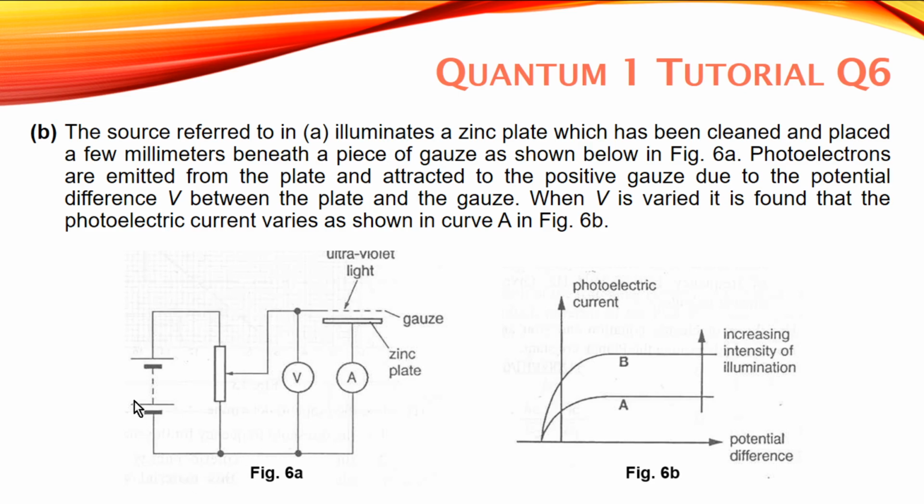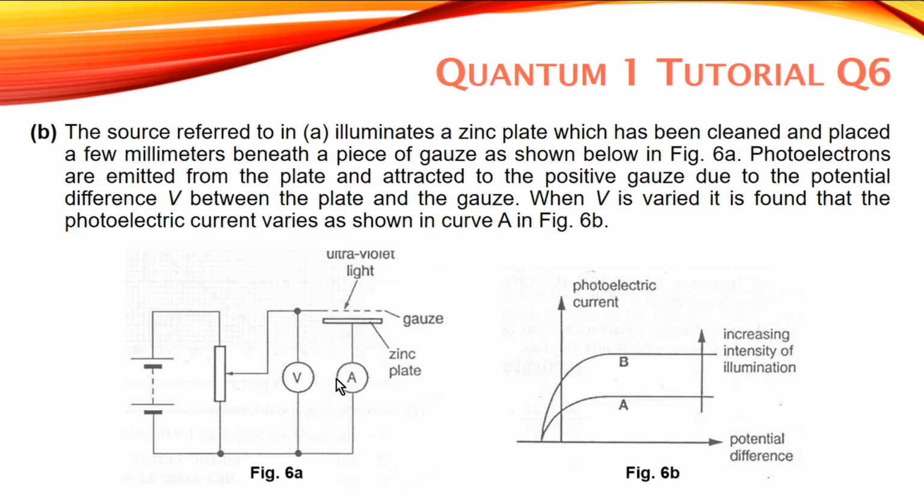This whole setup is actually a variable voltage source where they can vary the voltage here by sliding the slider. When you slide to here, you get more voltage. When you slide to here, you get less voltage. So this acts like a variable voltage source. So in the experiment, they vary this voltage, and when they vary the voltage, they measure the current.